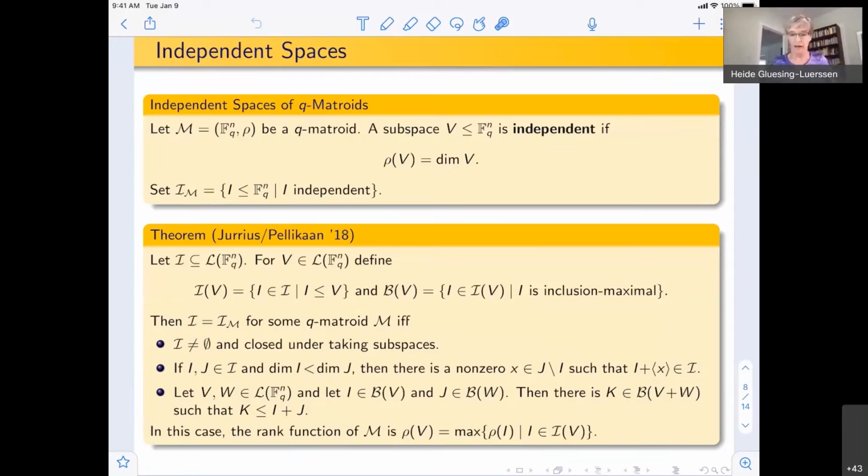The rank of V is the maximum rank over all independent subspaces inside V, or all subspaces from I inside V. So first of all, we see the independent subspaces of a matroid satisfy these properties, and secondly, any collection with that property gives us a q-matroid. So that is one form of an equivalent definition of q-matroids based on independent spaces.